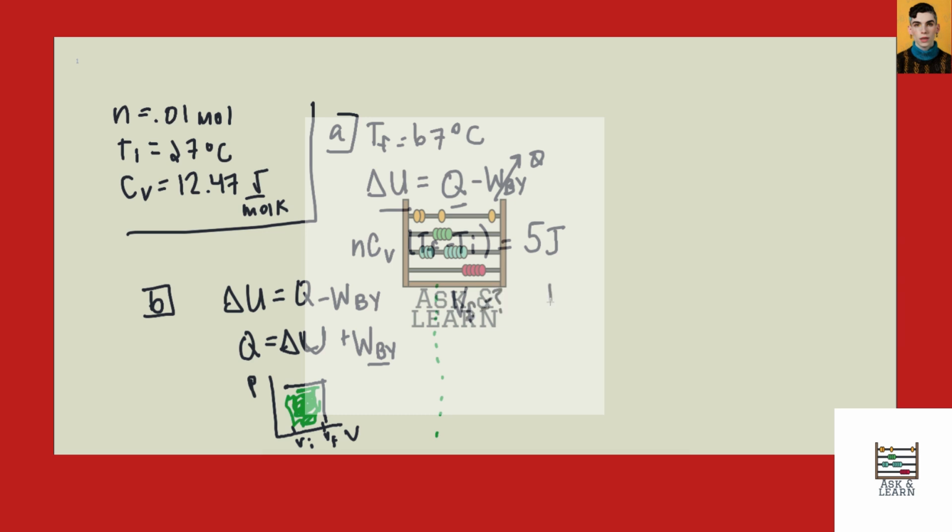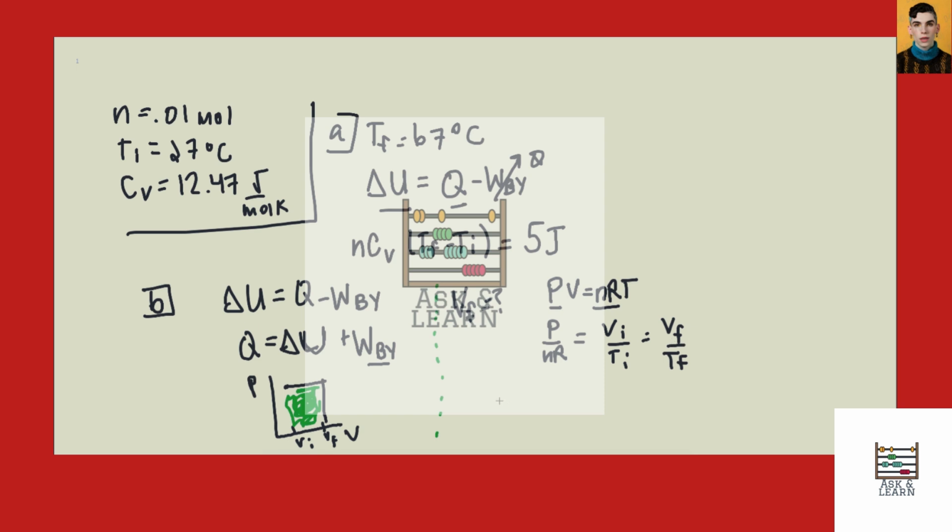So you want to figure out V final by using PV equals nRT. And then P stays the same, nR stays the same. So you can say P divided by nR is equal to V initial over T initial equals V final over T final, because P over nR always stays the same.